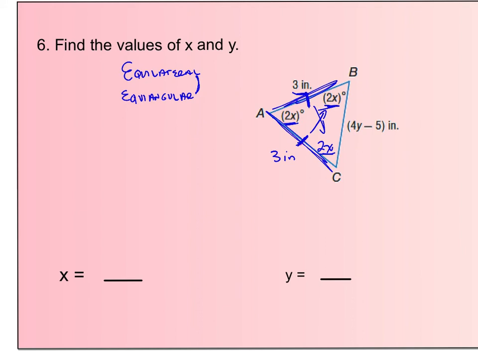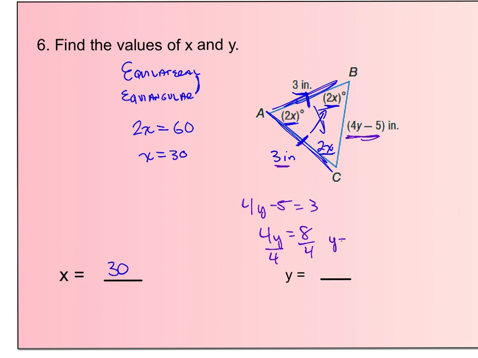So to figure out x, well, in an equilateral triangle, every angle is 60. So x is just going to be 30. And to figure out y, well, 4y minus 5 is this, but all three sides are going to be equal. So y is just going to be 2.